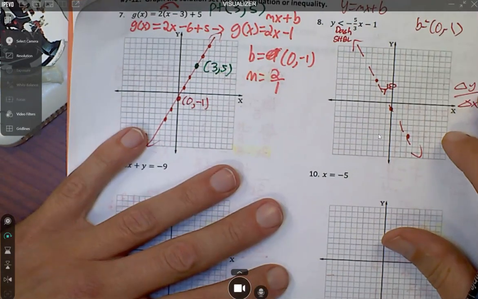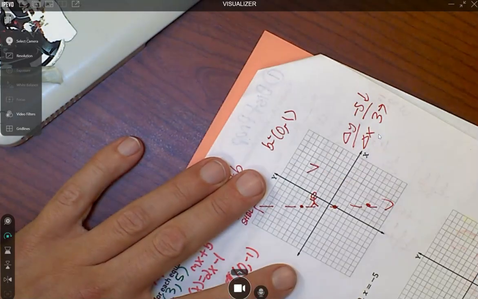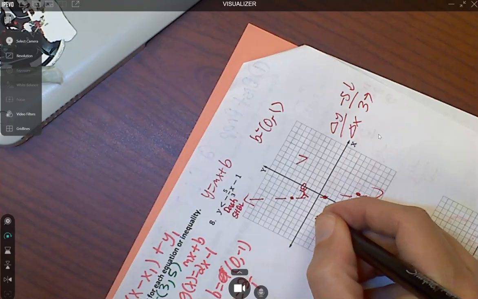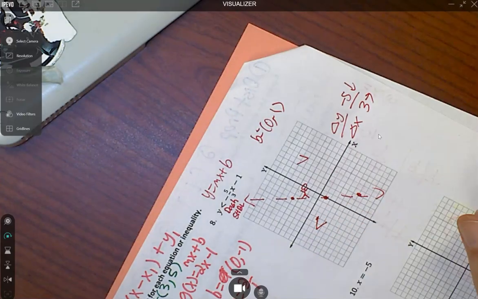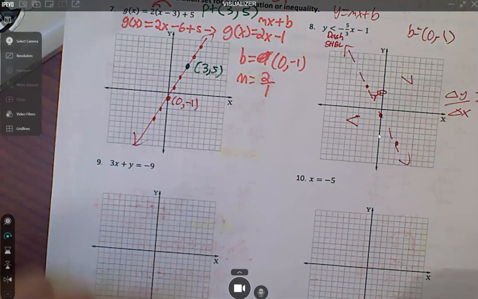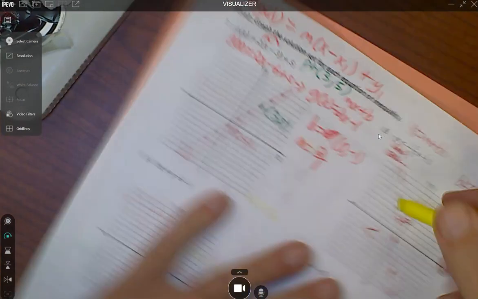What's above you? Well, above me, that's greater than. Less than would be down here, because it's underneath the line. So, let me get my highlighter, and then you just highlight it.